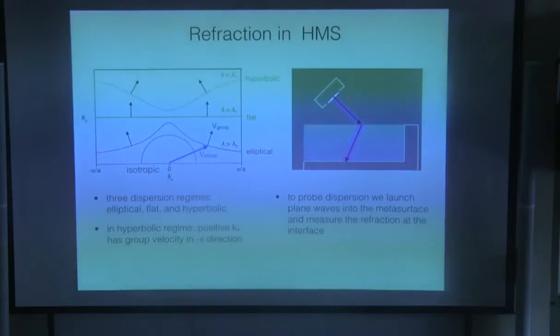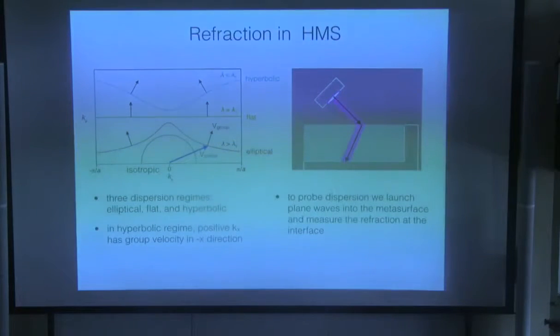Okay, so now I'll talk about the actual optical behavior of these metasurfaces. How do you know that you have, for instance, hyperbolic dispersion? First, let's just talk again about what you expect in these metasurfaces. At longer wavelengths, where the plasmons are less tightly confined to the surface, they effectively see this grating as a perturbation, which has the effect of distorting an isotropic equifrequency contour into an elliptical equifrequency contour.